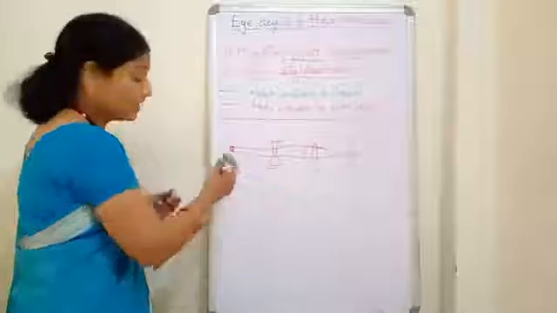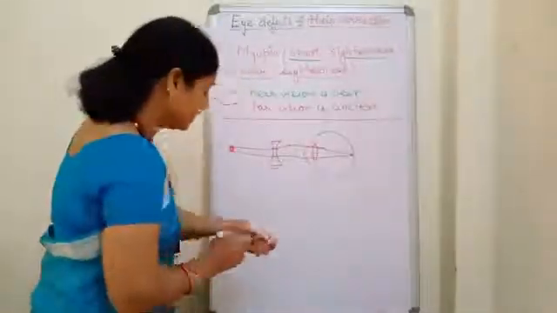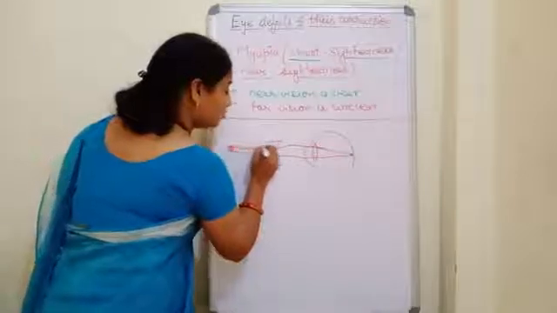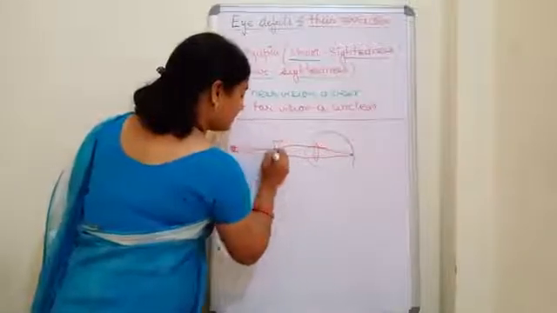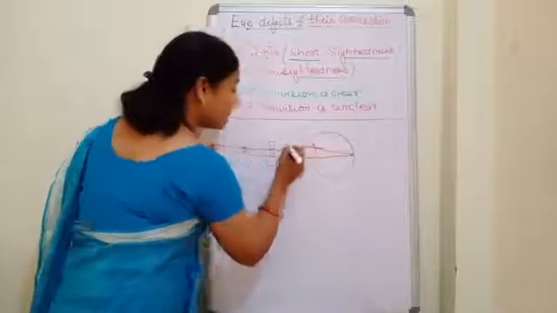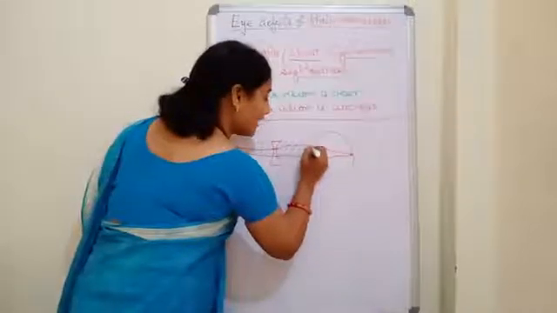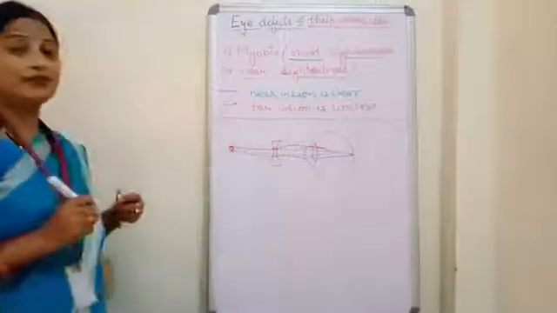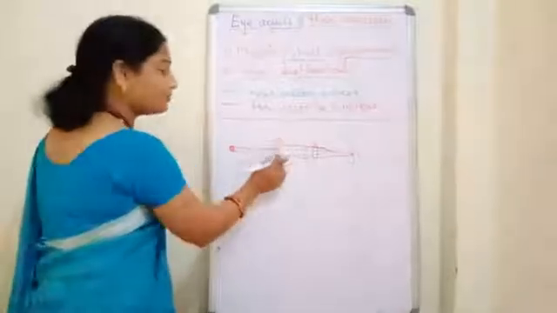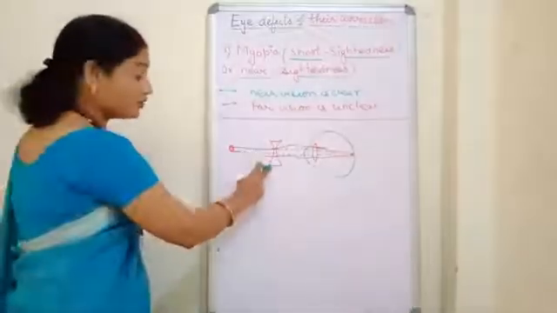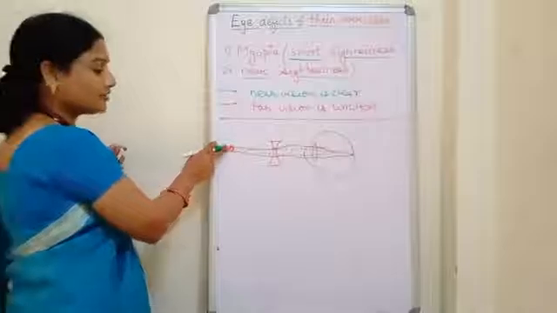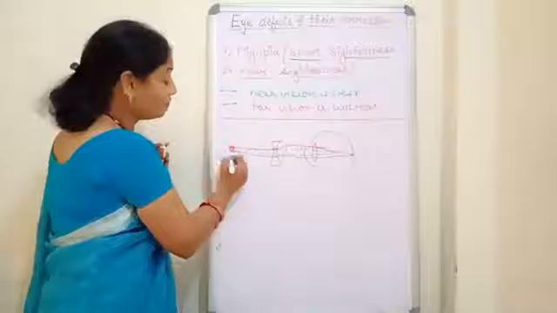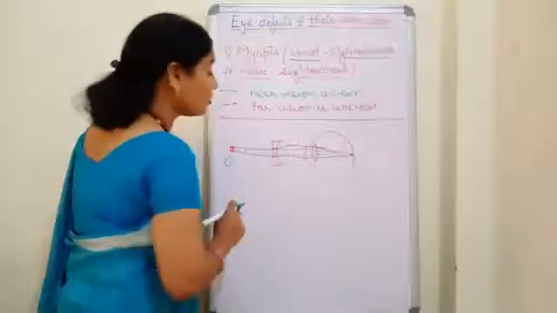Actually, what was going to happen here? The far objects, without the lens, were becoming parallel, and after entering into the lens, they were forming the image somewhere here. But what we did was put one concave lens. The rays coming from the object will fall on the concave lens.